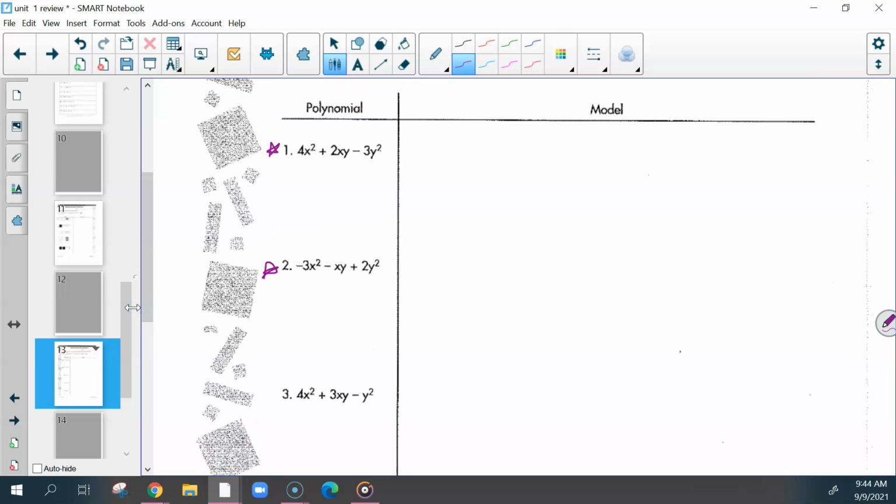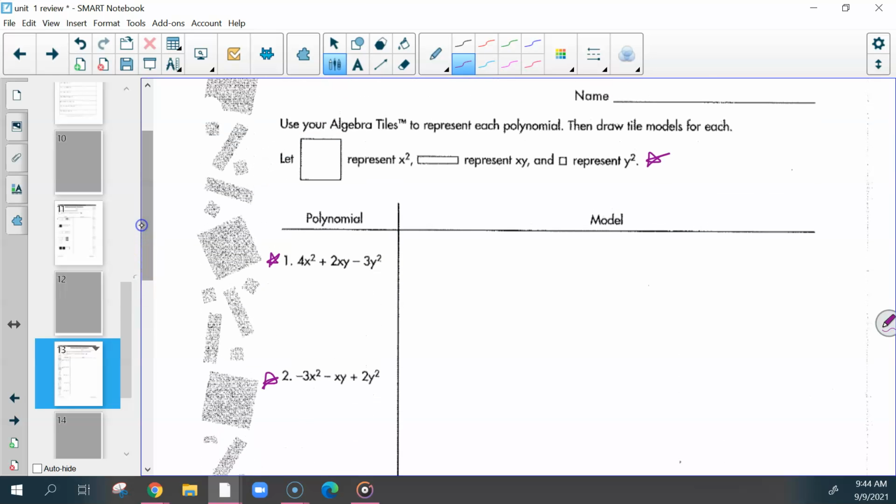We're just going to do a couple. Really, you just need to be able to go back and forth. Being able to model them. This is part of the simplifying expressions. These are a little different because they have X and Y. So if you get some problem that has a key, make sure you pay attention to the key.